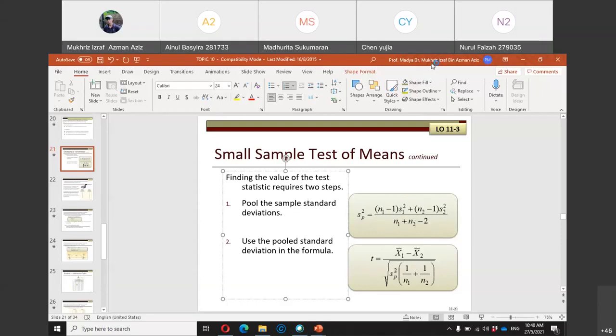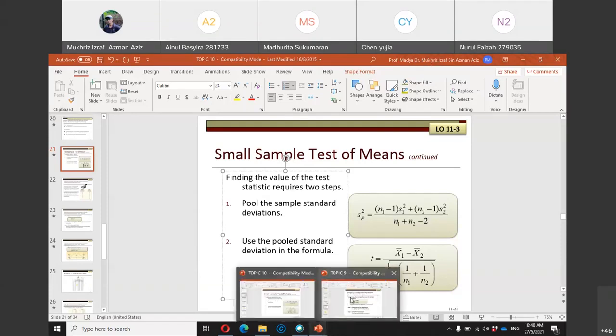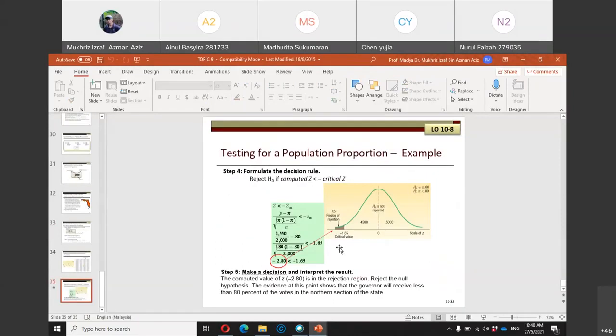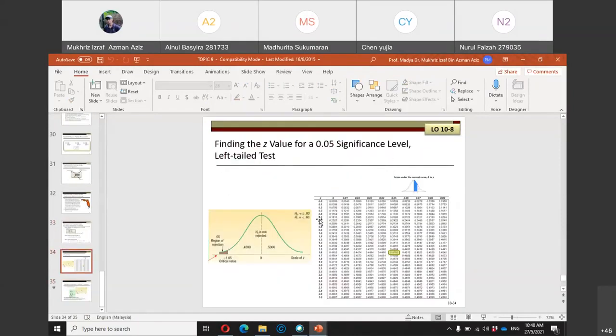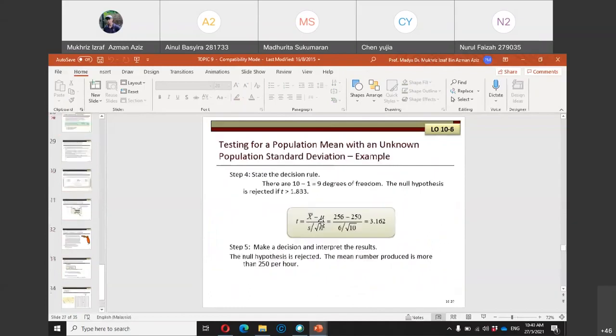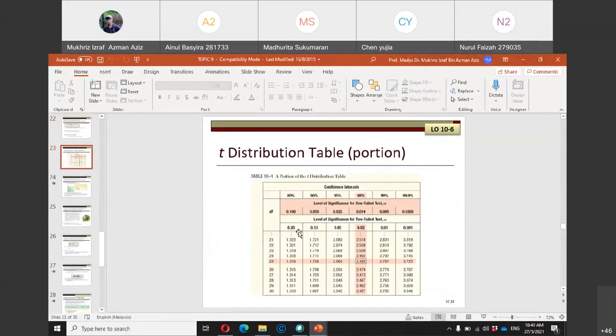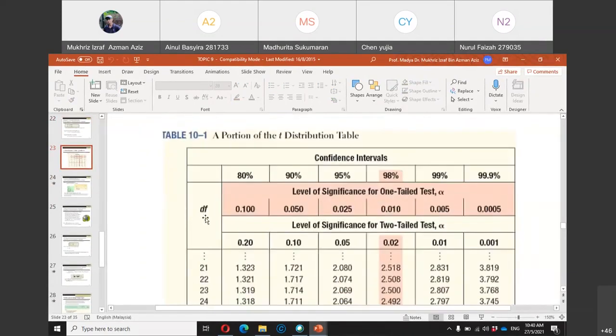If you recall from the previous chapter, in the one sample hypothesis testing, whenever you want to use the T table, one of the characteristics of the T table is what we call the degrees of freedom, correct?